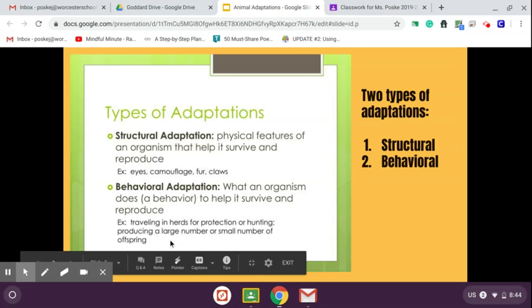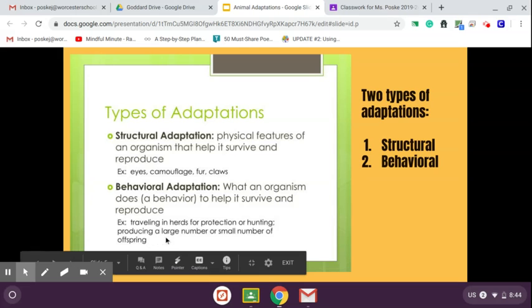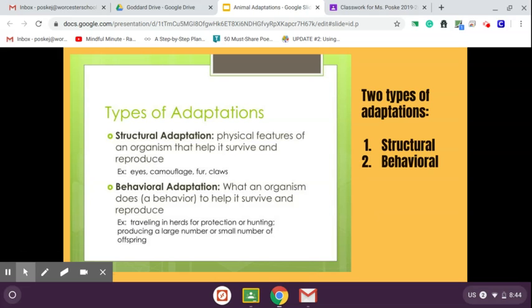Sometimes it's easier to travel in a large group to get food than to do it by yourself. Producing a large number or small number of offspring. So sometimes animals have a ton of babies or they can have a little bit of babies. This helps them survive. It helps them getting food. It helps them for all kinds of different things. So those are behaviors. Okay.